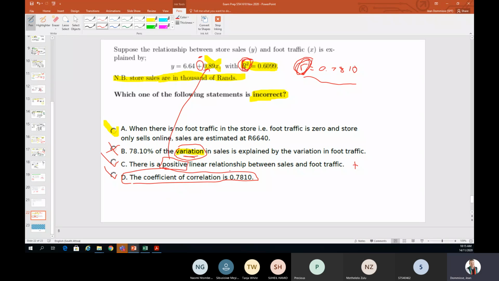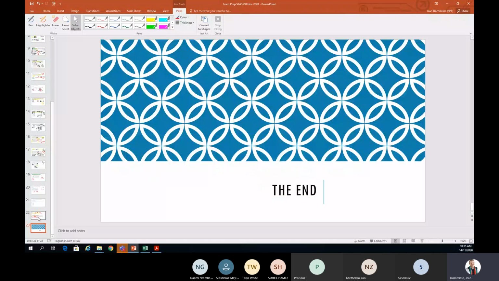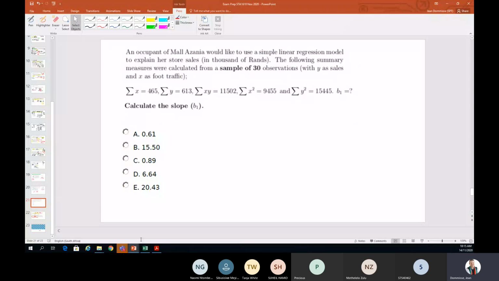Okay, so that is how we would have calculated that one, and that was the whole mock exam. I will go and recreate that one for you so you can work it out. I just need to look for that formula, and then I'll submit it on the WhatsApp group.